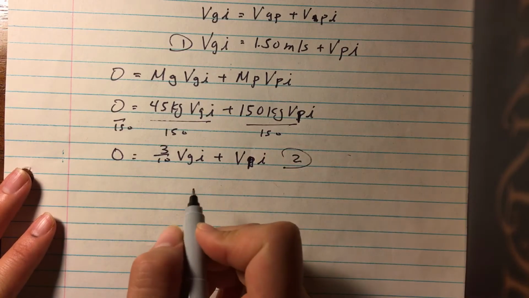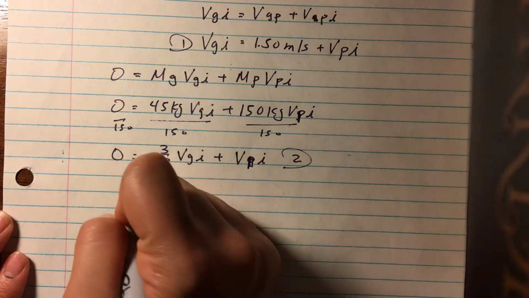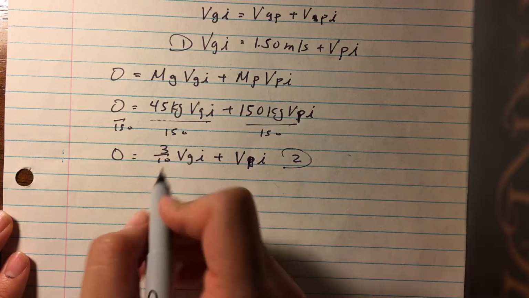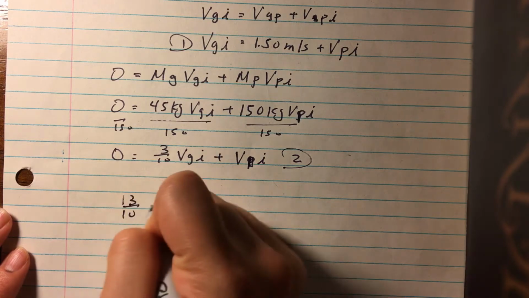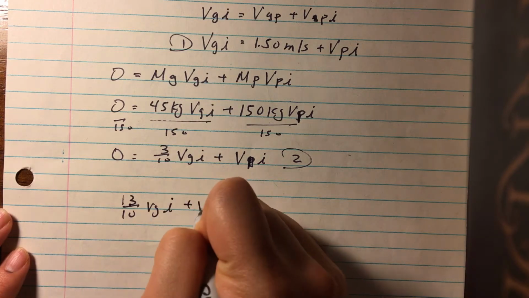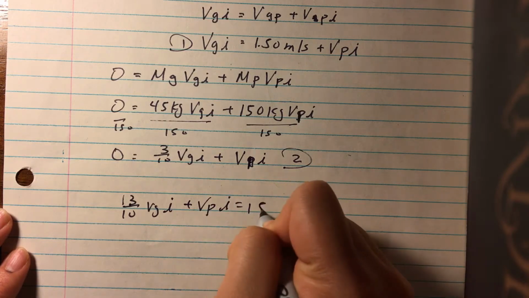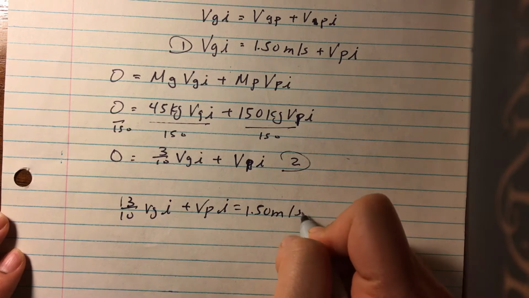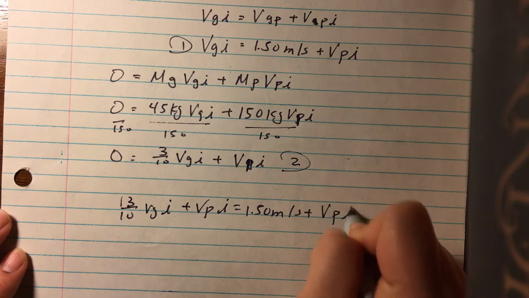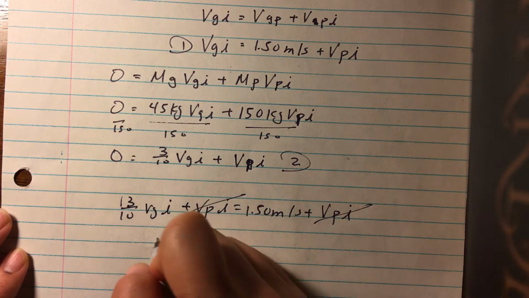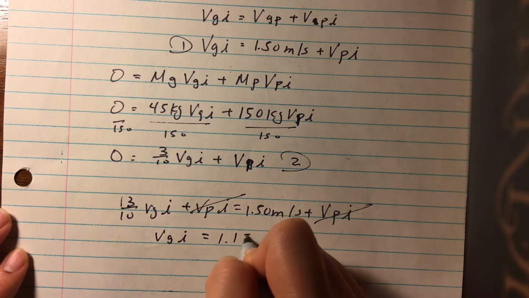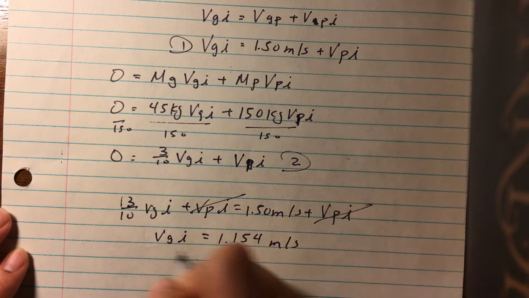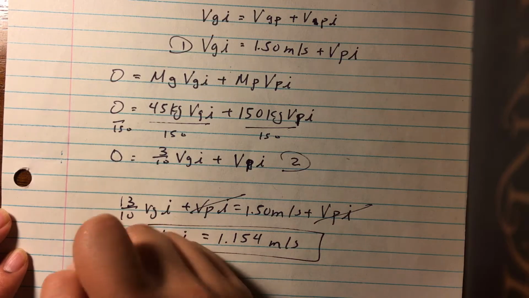I'm going to use addition, and that'll give me 13 over 10 VGI. You can cross these out, and that would give you approximately 1.154 meters per second. That's your answer to A.